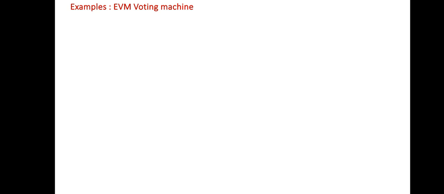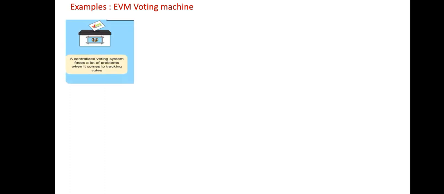This is one example of a smart contract: the EVM voting machine. Nowadays we all use EVM voting machines for the election voting process. Let's see the process carefully, how the work is done in that voting machine.